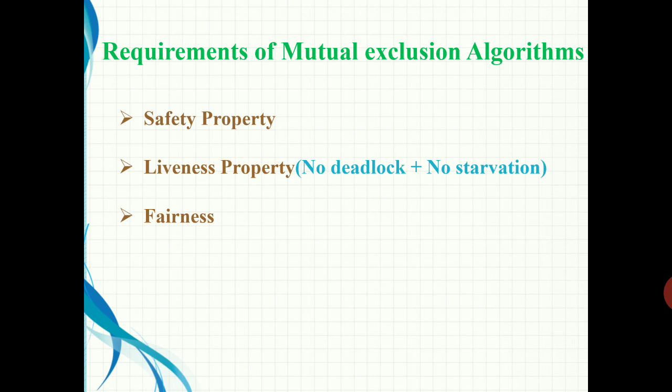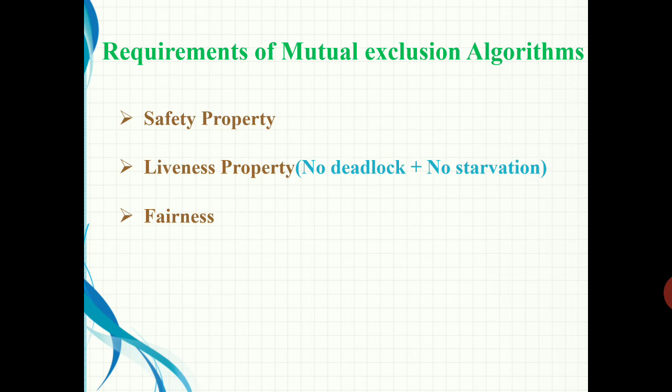Any site should not wait indefinitely to execute the critical section while other sites are repeatedly executing it. Both non-deadlock and non-starvation contribute to the success of the liveness property.